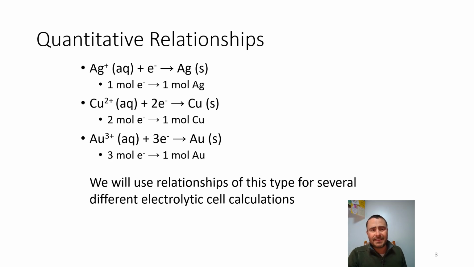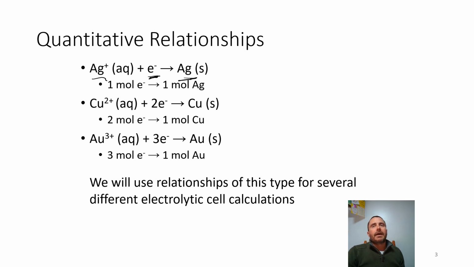So what we need to see is our top equation there. We have silver cations reacting with 1 mole of electrons to produce 1 mole of silver solid. Notice that silver cations are always +1. Silver is one of those odd transition metals that always has the same oxidation number. It happens to be +1.